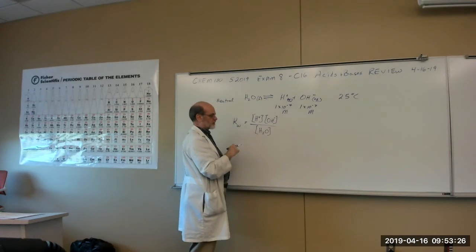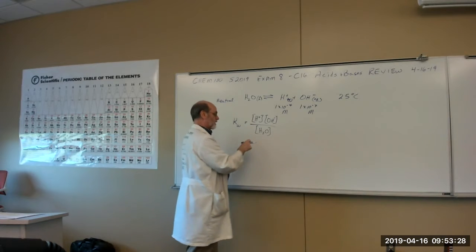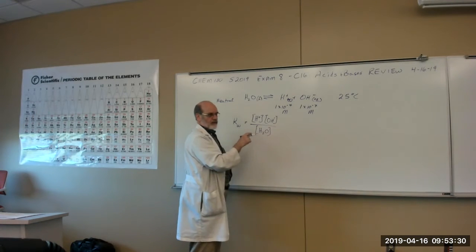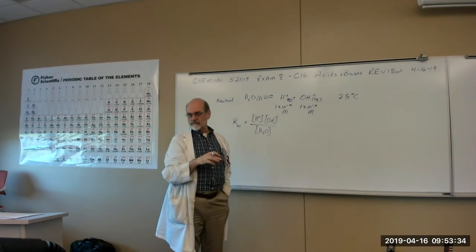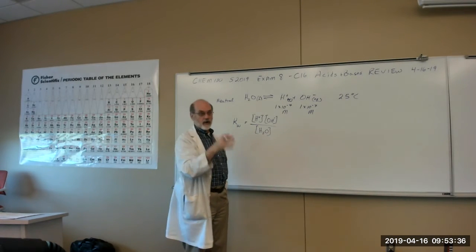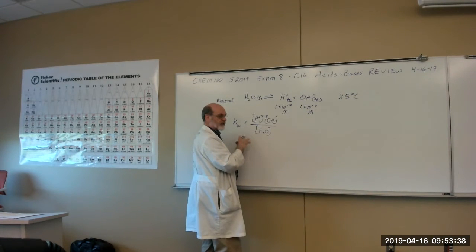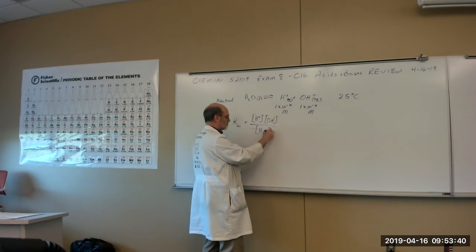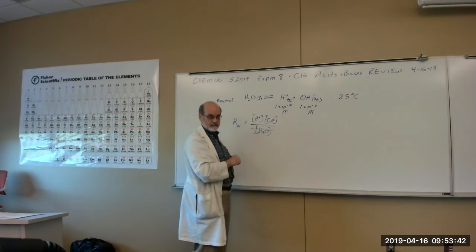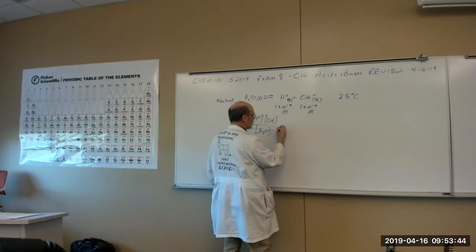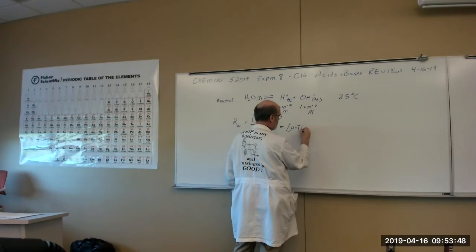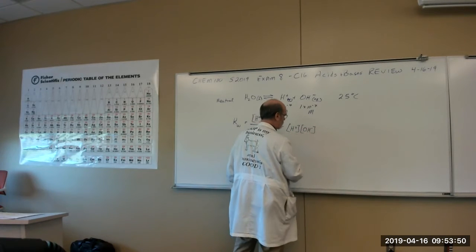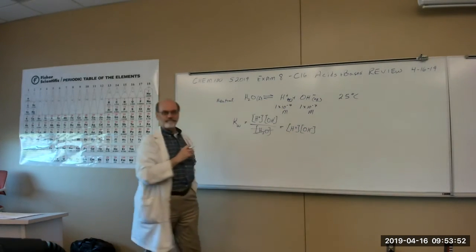But the convention is, this is a pure liquid. Its concentration does not change significantly in this whole process. And since it doesn't change, we don't count it. So the KW here is simply the expression of hydrogen ions and hydroxyl ions. Okay?